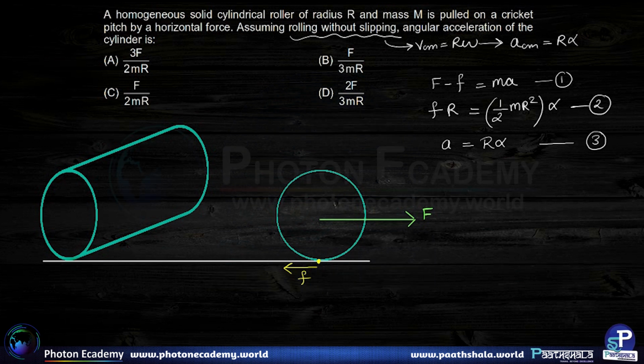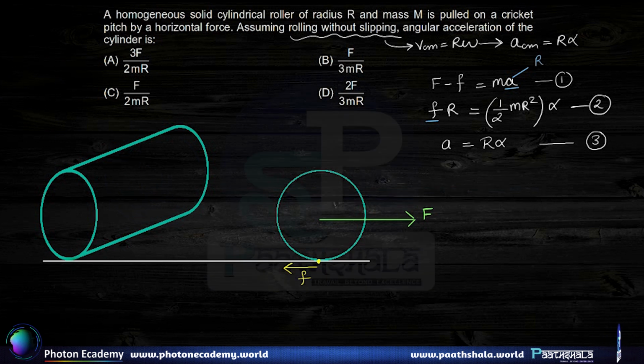Anyway, let us say if we are to solve it using equations, we can now eliminate friction and a and find out alpha. So here in place of a we can directly write r alpha. That means a is already eliminated, and in order to eliminate friction, what we would rather do is cancel this r with one of the r's over here and write down the value of friction to be half m r alpha.